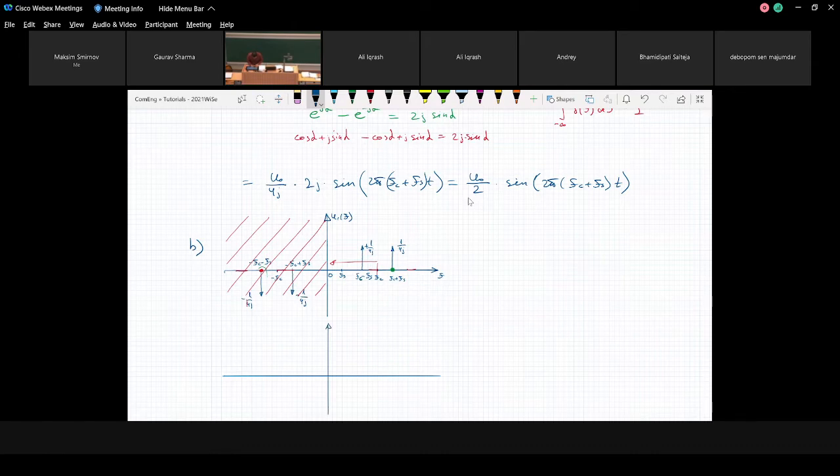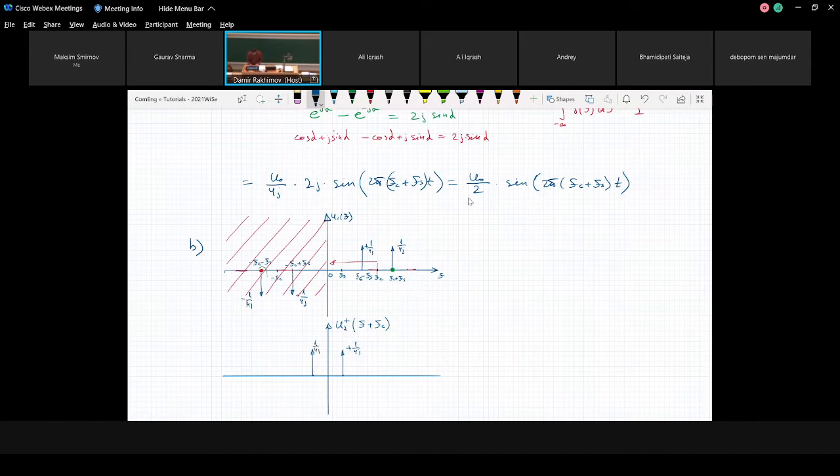We can call it U1 plus, and F plus Fc, because you move it by Fc. Then you will have two delta pulses with magnitudes 1 over 4j, 1 over 4j.